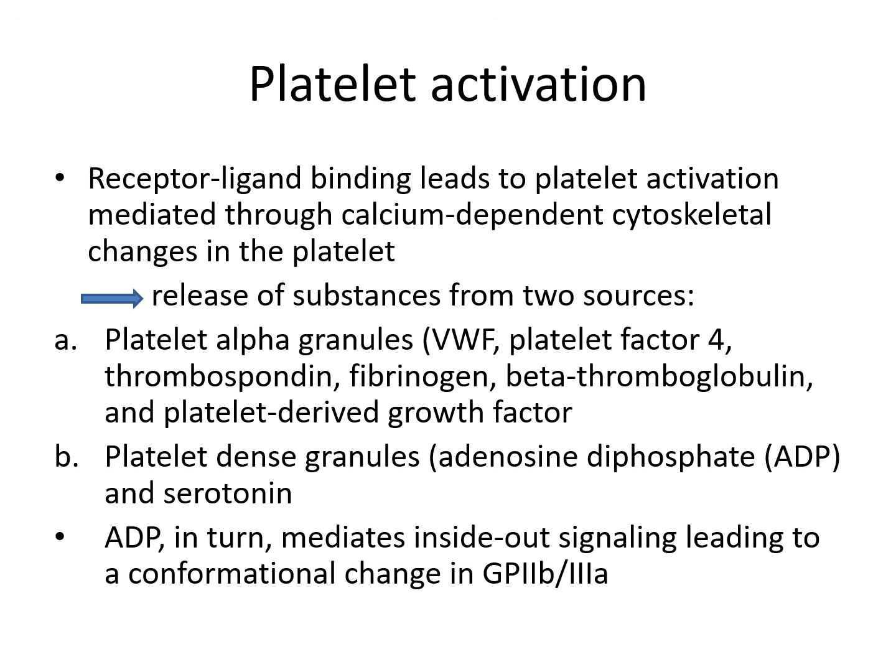And the platelet dense granules will also be liberated, including ADP and serotonin. So following platelet adhesion, platelet activation occurs whereby the platelets start liberating their granules, whether the alpha granules or the dense granules.